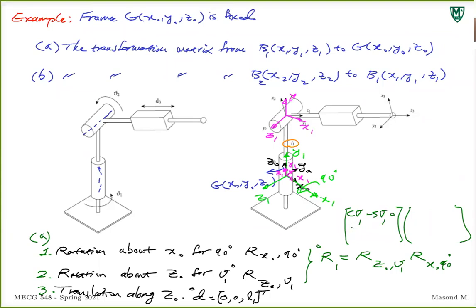Right? This becomes sine V1, cosine V1, 0, and 0, 0, 1. So rotation about Z. Rotation around X, well, this is 0, 0, 0. This is 0, 0. Then we have X, so this becomes cosine 90 degrees, minus sine 90 degrees, sine 90 degrees, cosine 90 degrees.